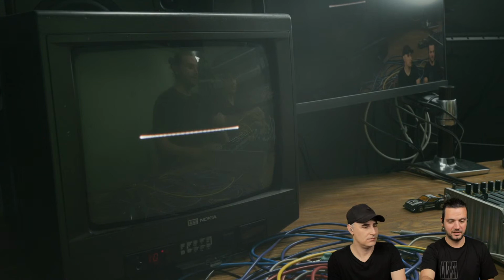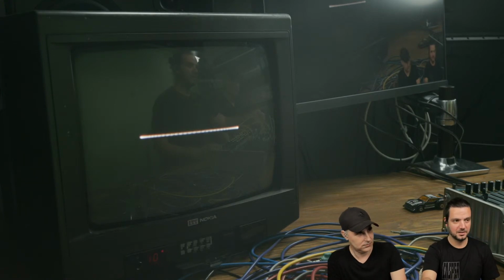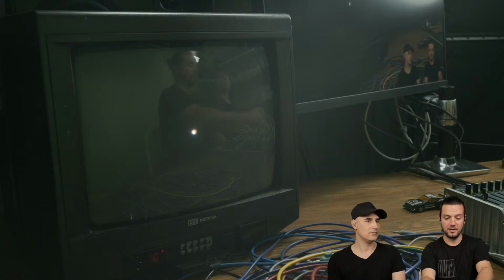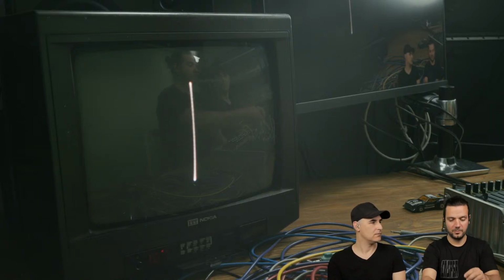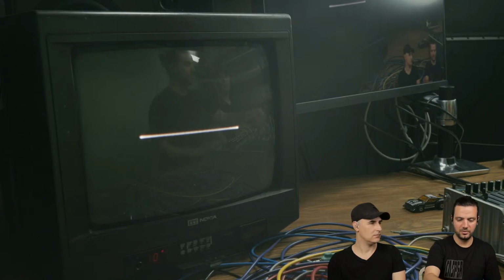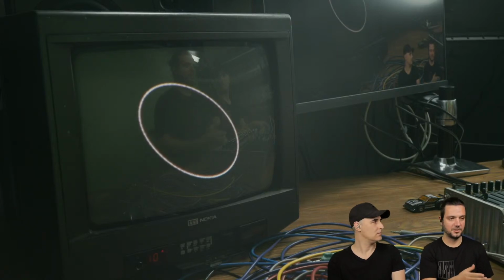If I disconnect the y-axis, we only have x, and if I disconnect the x-axis, we only have y. So I put back the y-axis, and I put back the x-axis, and we're going to have our circle.